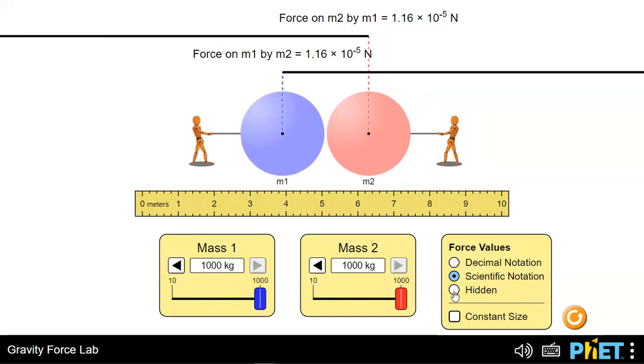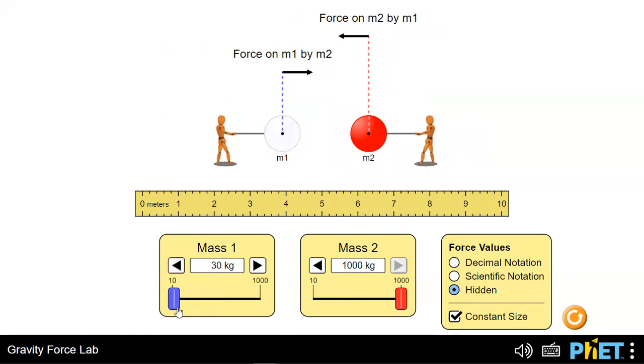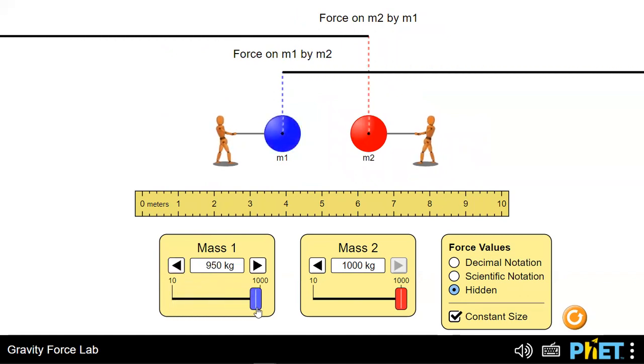We can also hide the amount of force, and we make it a constant size, whether bigger or lesser. In constant size, the size is the same, but the mass differs.